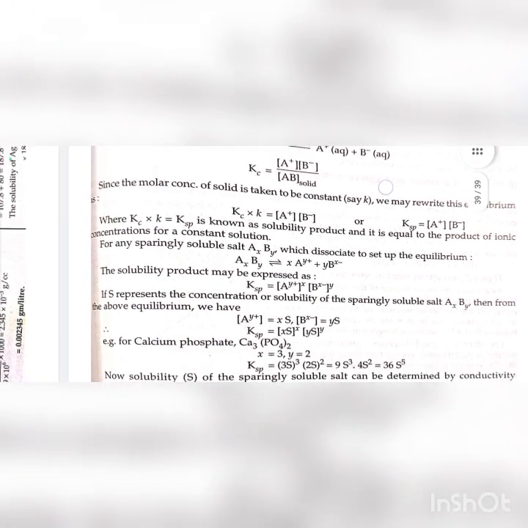If S represents the concentration or solubility of the sparingly soluble salt AxBy, then from the above equilibrium we can write the concentration of A raised to power y positive is equal to x into S, and the concentration of B raised to power x negative is equal to y into S. Then we will get Ksp is equal to x into S to the power x and y into S to the power y. For calcium phosphate Ca3(PO4)2, x is equal to 3 and y is equal to 2, and now we will calculate the Ksp for this solution.